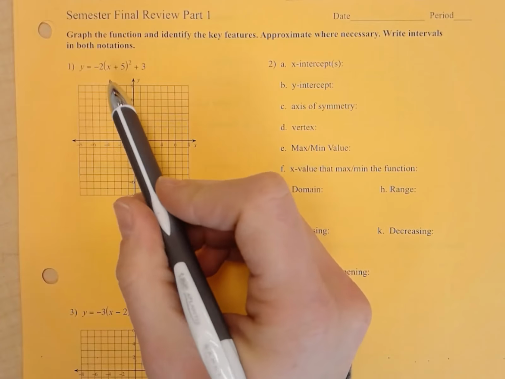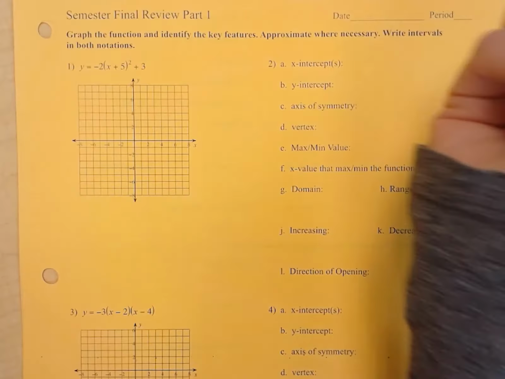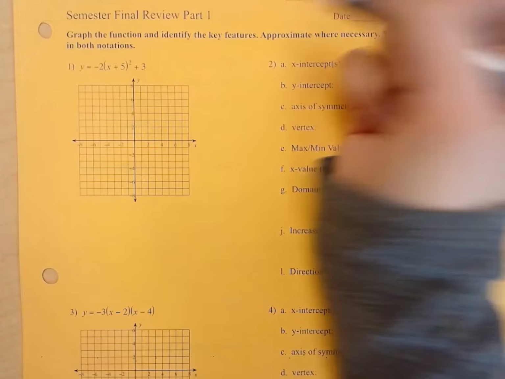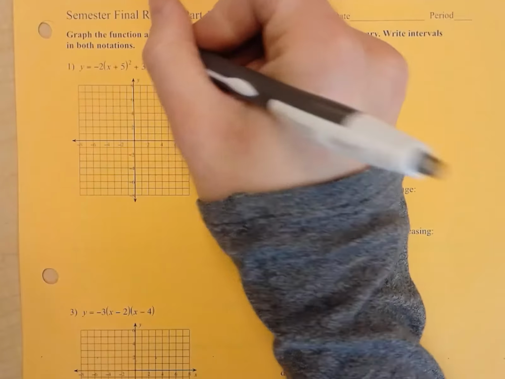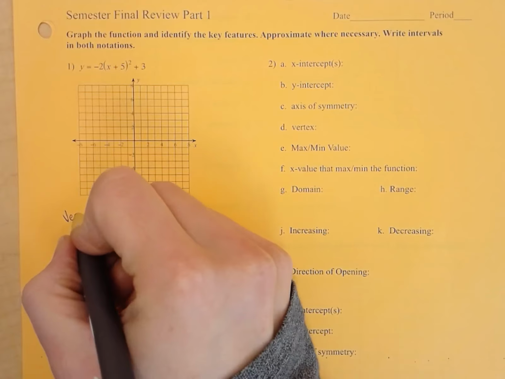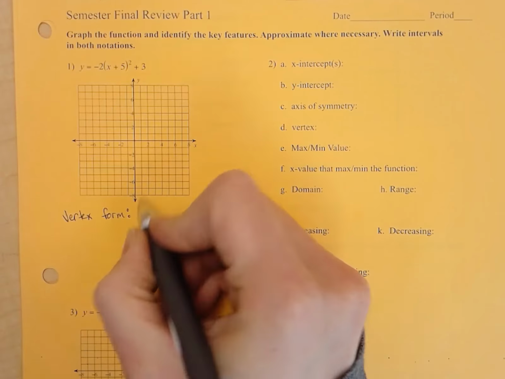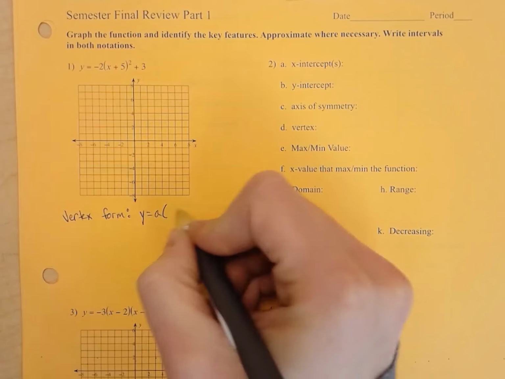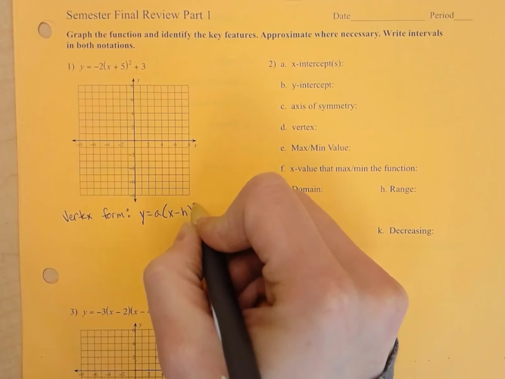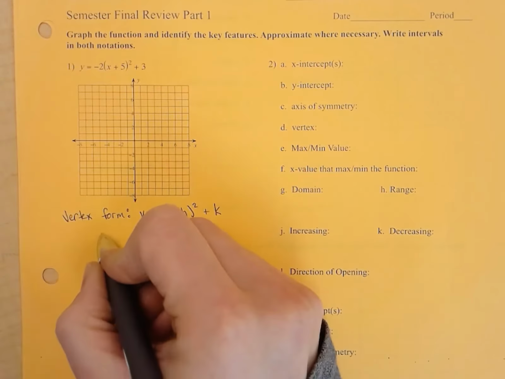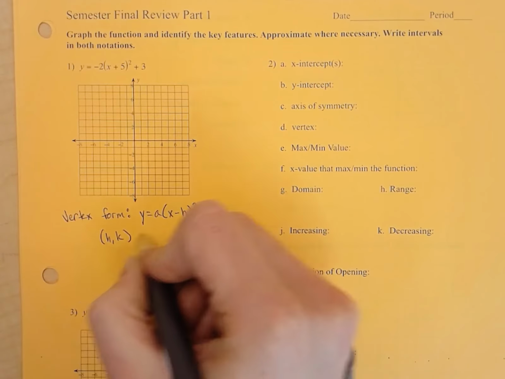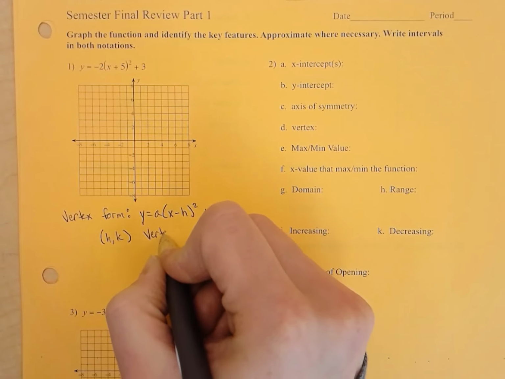Okay, so this is currently in vertex form. The way we have vertex form, I'll just write it down here. Vertex form is y equals a times x minus h squared plus k, where the coordinate (h, k) is the vertex.